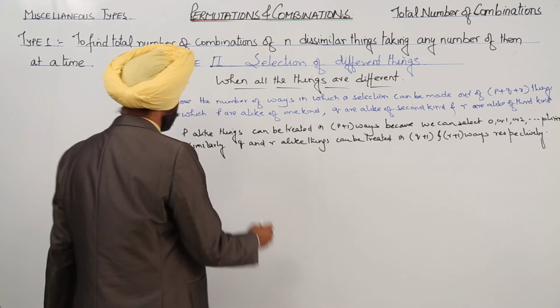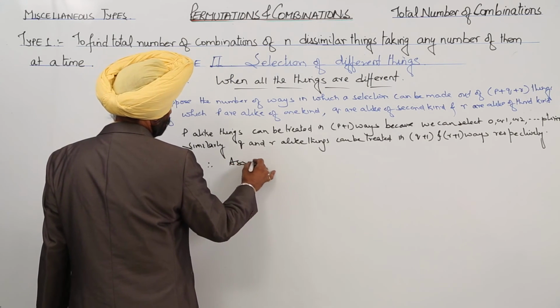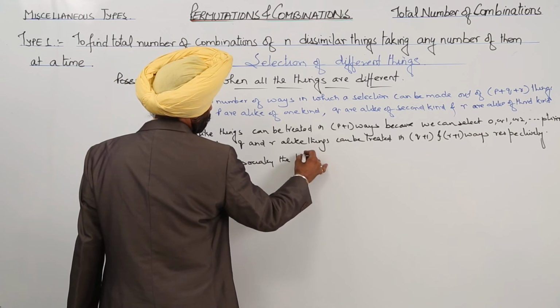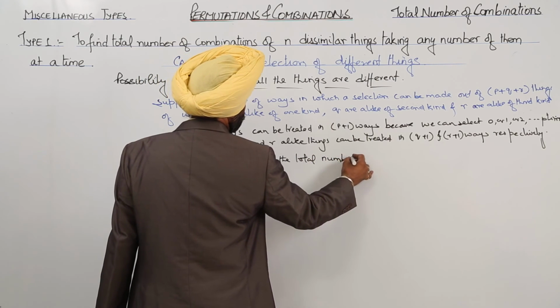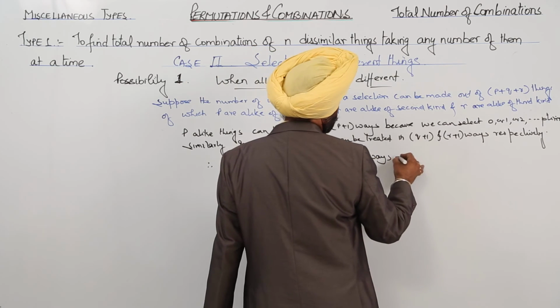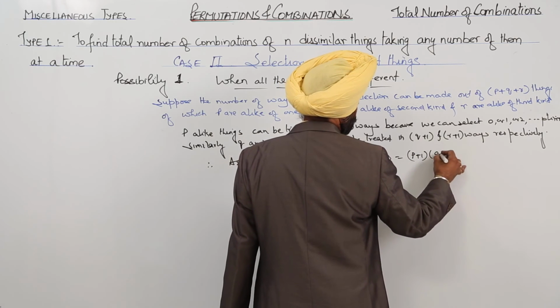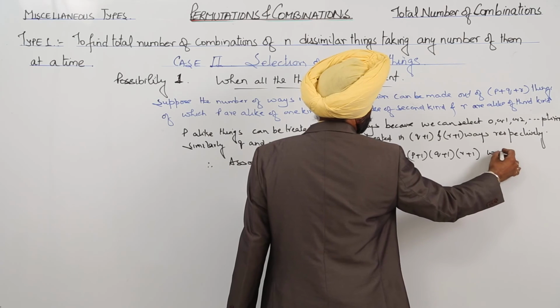Okay, now therefore, associating the total number of ways, these will be P plus 1, Q plus 1, R plus 1 ways.